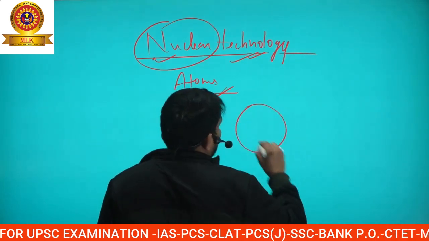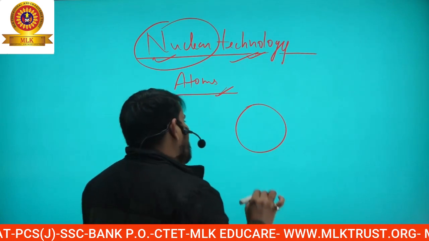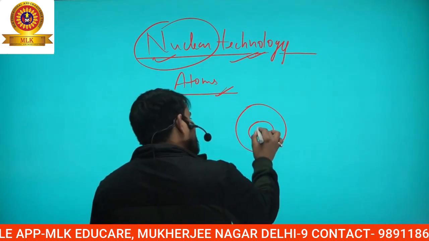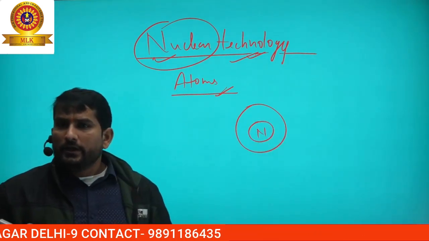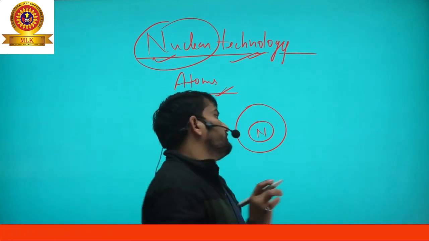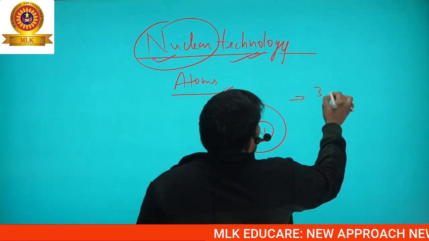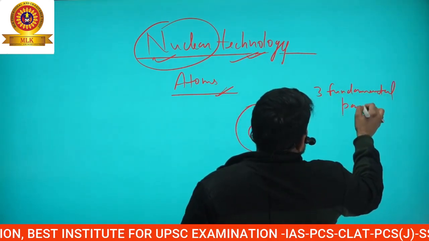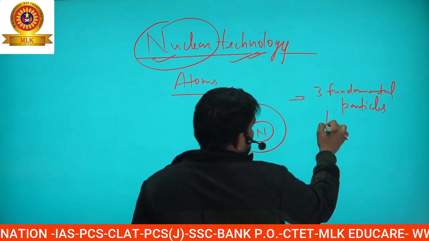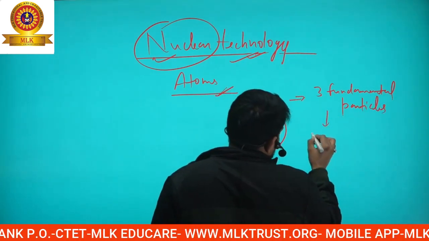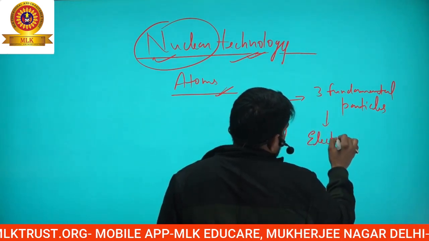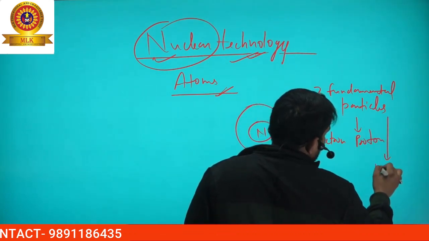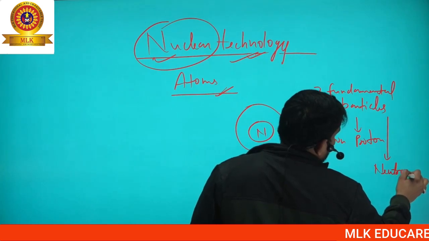Suppose that here is an atom, okay, and at the center of the atom the nucleus is present. In any atom there are mainly three fundamental particles available, which are known as electron, proton and neutron.